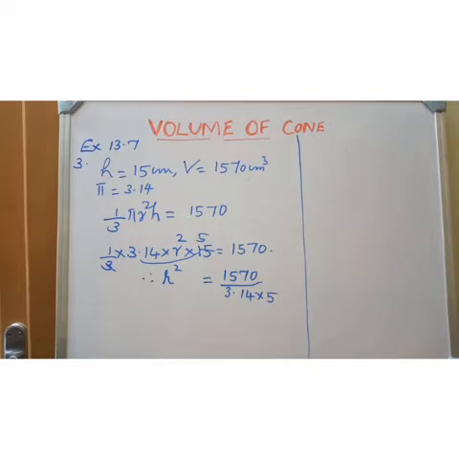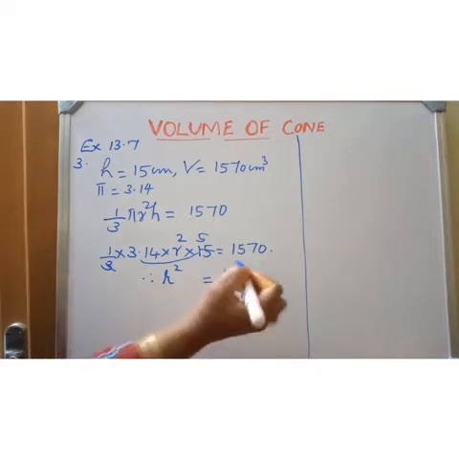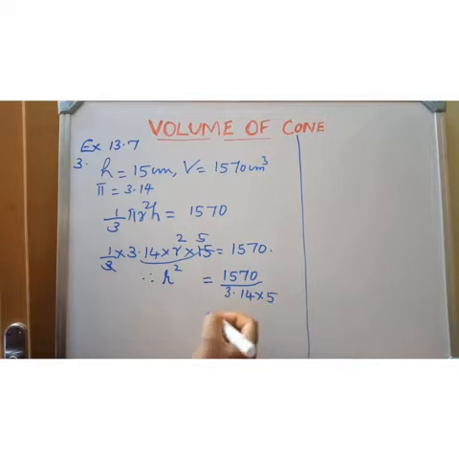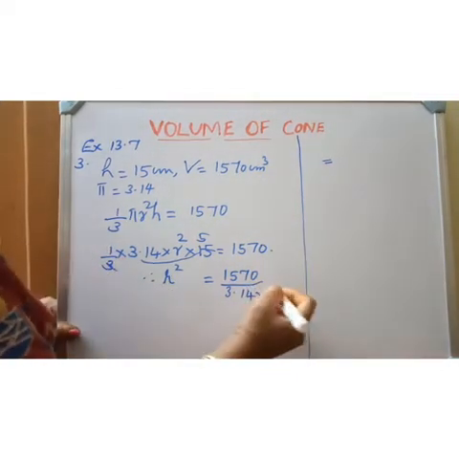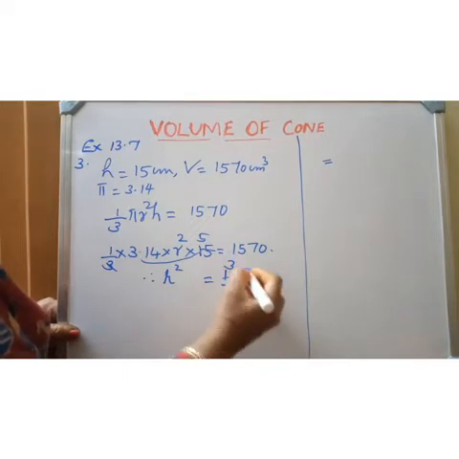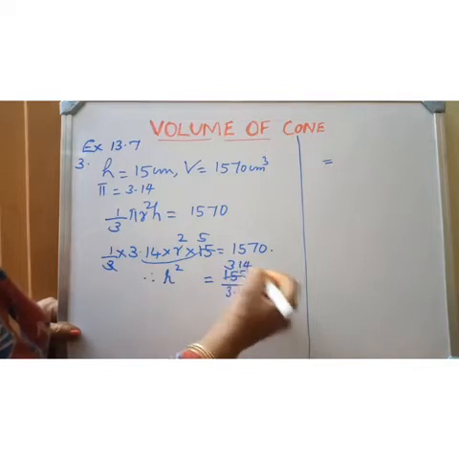Then 5 and 1570 we can cancel with 5 table. 3 5s are 15. 1 5 is 5. Balance 2, 20. 5 4s are 20.